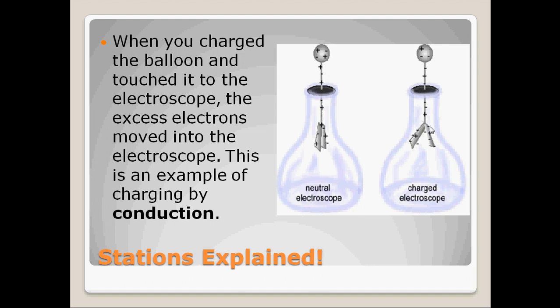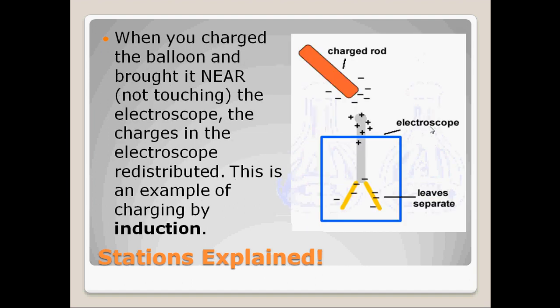So this was an example of conduction. We actually physically moved more electrons into the electroscope. Now when you charged the balloon but you didn't actually touch it to the electroscope, you just brought it close by, this is an example of induction. So we've got a balloon in our case, in this case they call it a rod, whatever. We've got an object with extra electrons on it.